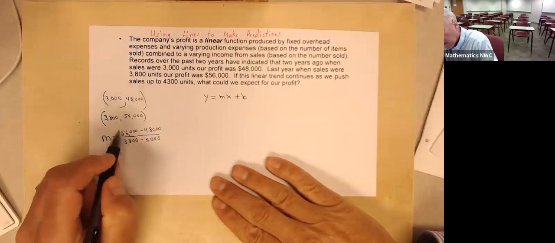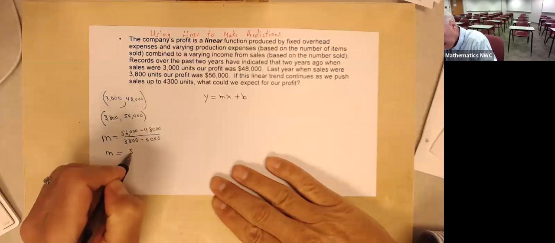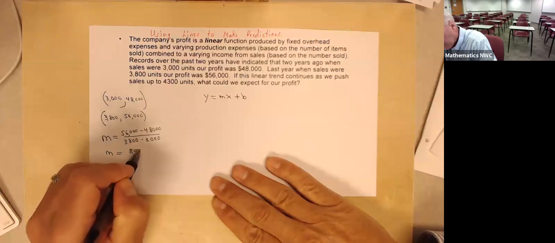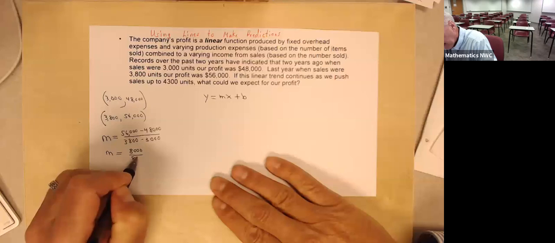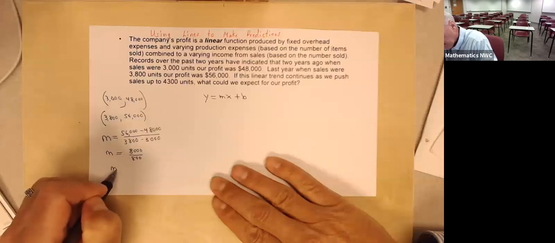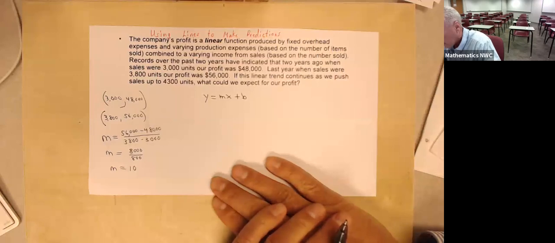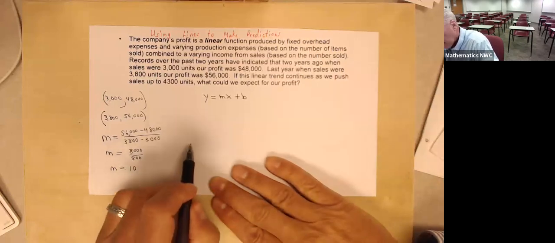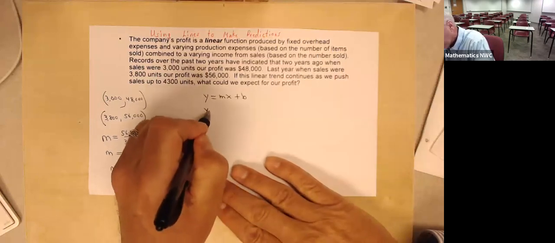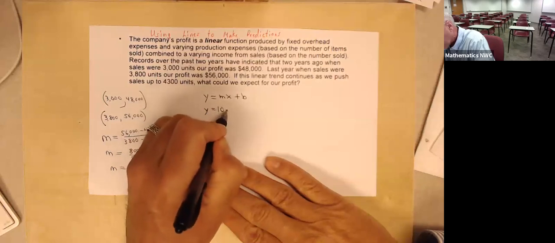I end up here with, in this case, 8,000 divided by 800. Turns out to be a nice, easy number to work with, and I tried to make it that way, 10. So the m, my slope, is 10 in this problem.